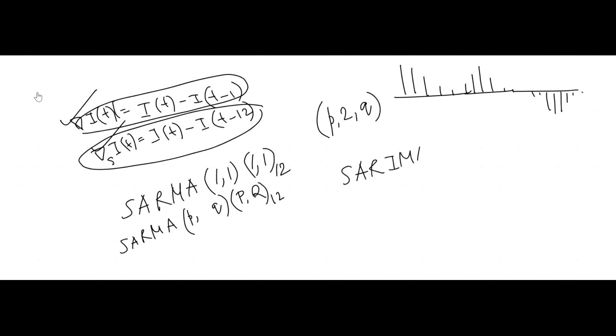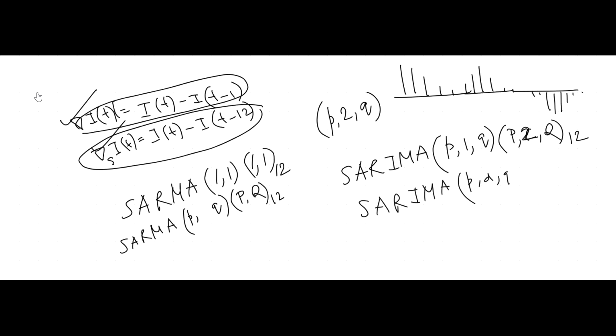And then the notation would be, suppose you have taken one usual differencing, it will be of the form (p,1,q). And for the seasonal part, suppose you have taken two seasonal differencing, then it would be written in this way. So in general, such models are called SARIMA, small p, d, q, then capital P, capital D, capital Q, and then the lag is mentioned here.